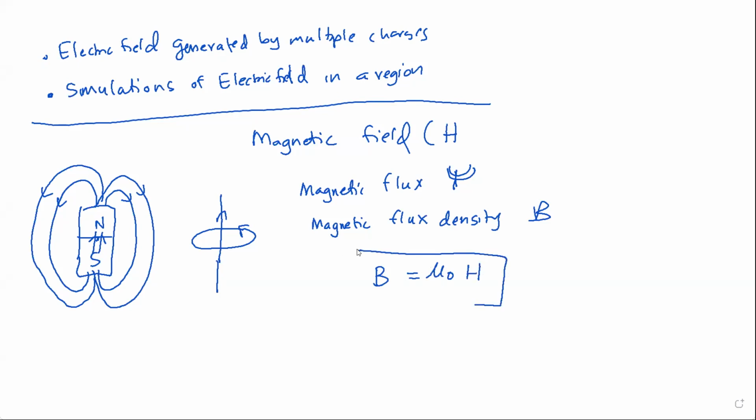This relationship can be used for free space. If we want to apply it for a medium, we can add the relative permeability coefficient and use this relationship. So this is the permeability coefficient.